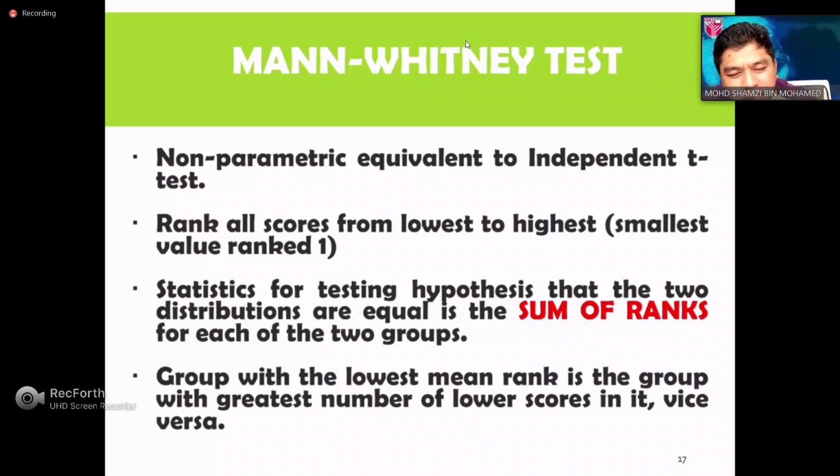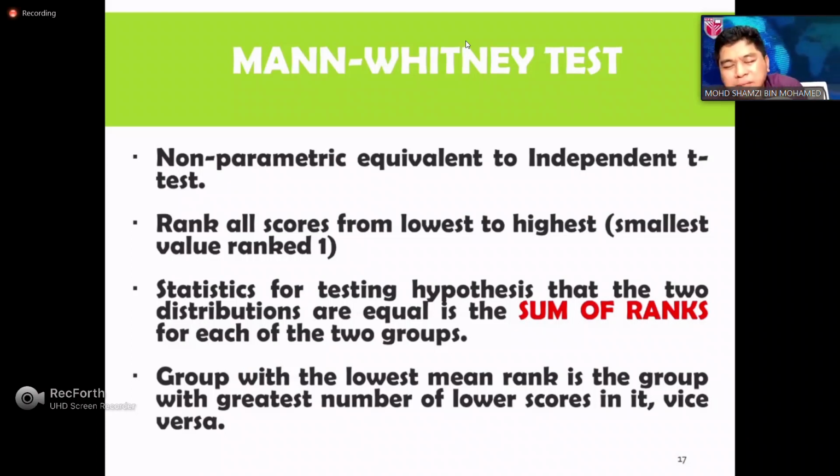The statistic for testing the hypothesis that the two distributions are equal is the sum of rank for each of the two groups.